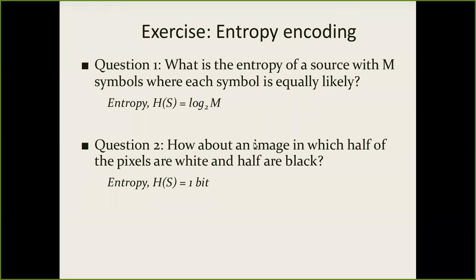This is the entropy. Basically, the logarithm of 1 over the probability of occurrence of a given symbol to the base 2 will give you the information content available with a given symbol.